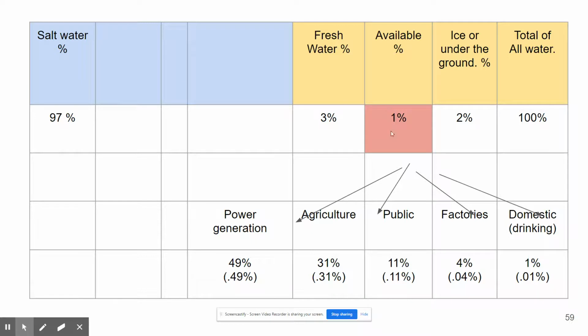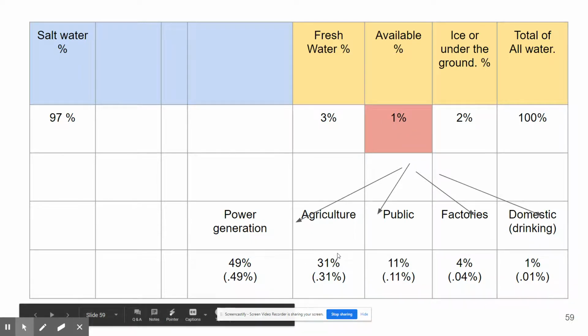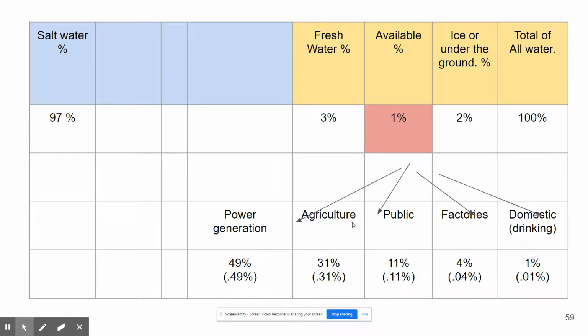Of the 1% available water, 31% is used in agriculture. And that's used from everything to raising animals, to raising the feed for animals, to provide materials for clothing that we wear, and also everything that we eat. And we know without food, we couldn't survive.